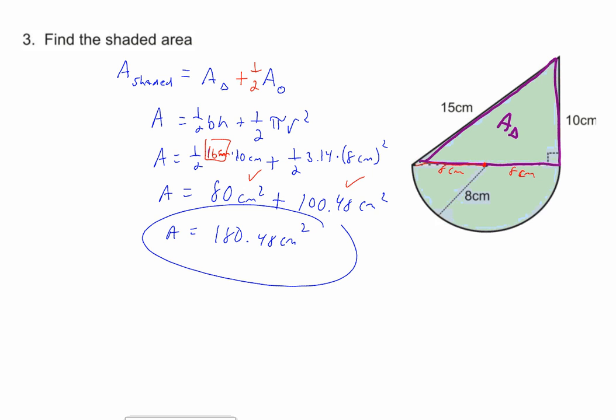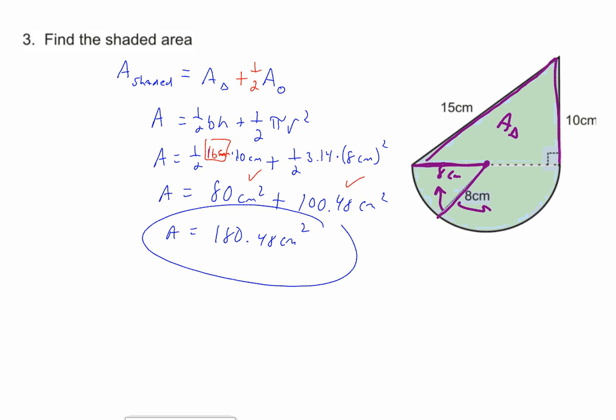Question, Daniel. I don't understand how you got 16. Okay, let me do it one more time for you. So let's even get rid of that bottom there. Daniel, you agree that the radius right here is 8 centimeters, correct? Let's keep moving this way. Therefore, from here to here is how much? 8 centimeters.